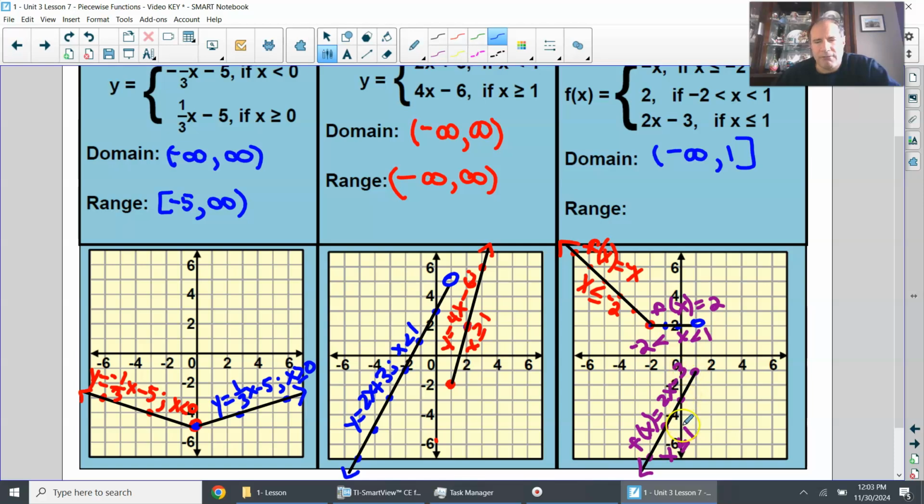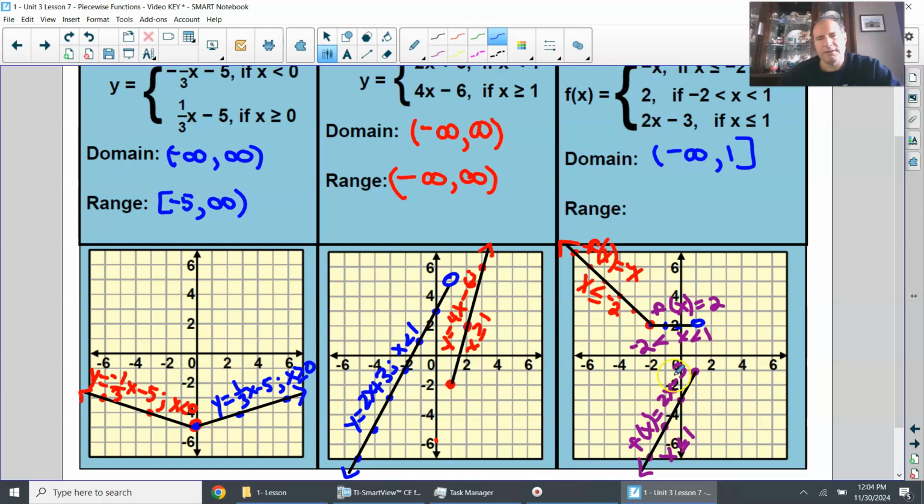So the range, how low does this graph go? It goes forever in the down direction. And then does it go forever up? It does. I'm just going to write the range in because it is different for each part of this function.